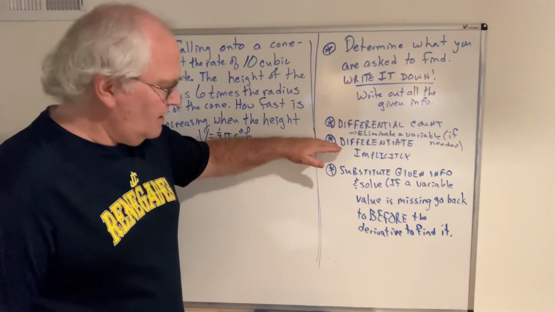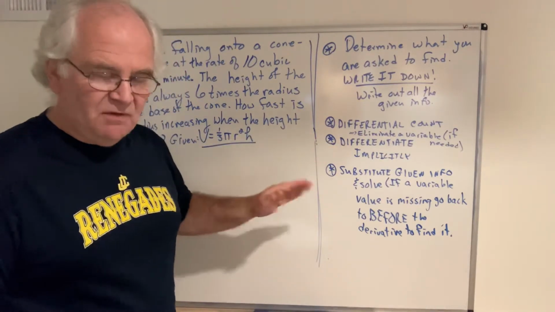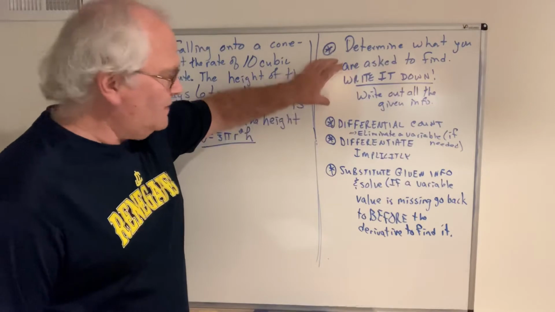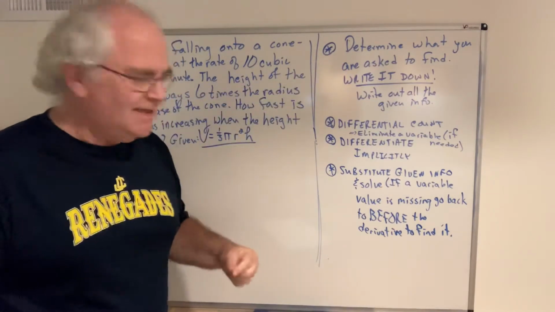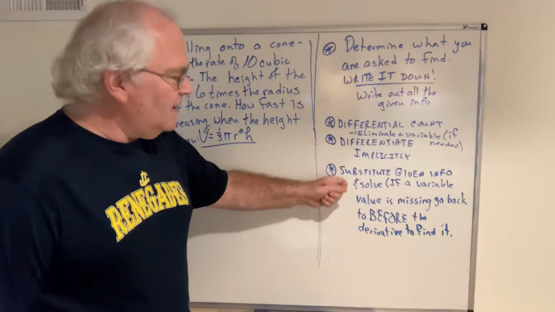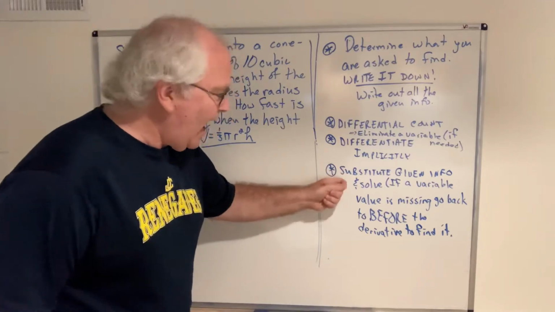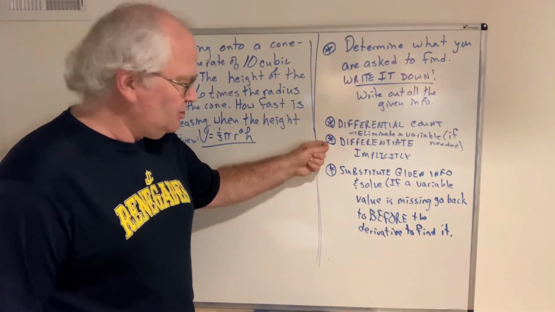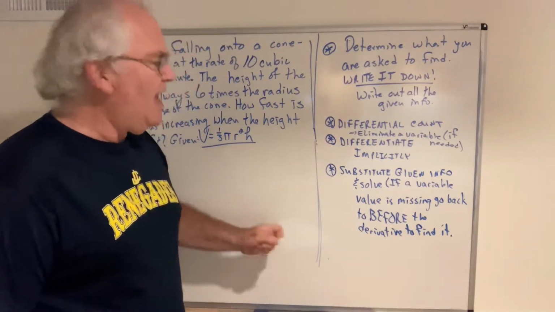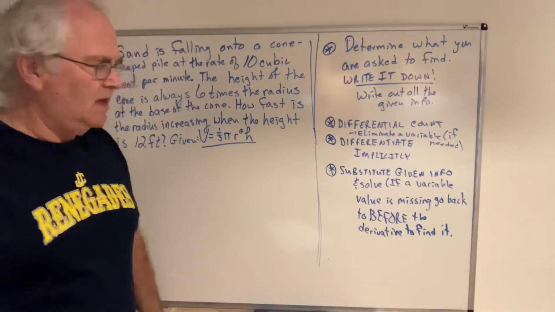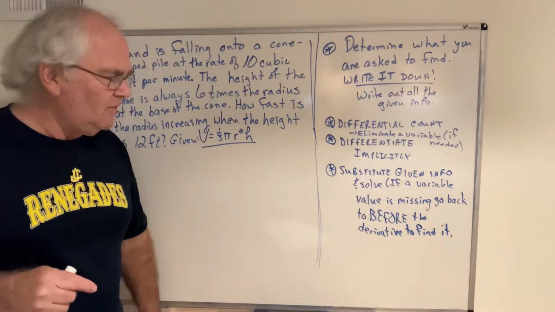Differentiate implicitly with respect to time. Remember, all these derivatives, rate of change, rate means with respect to time. And then after you've differentiated, after you find the derivative, that's when you substitute the given information in and solve.